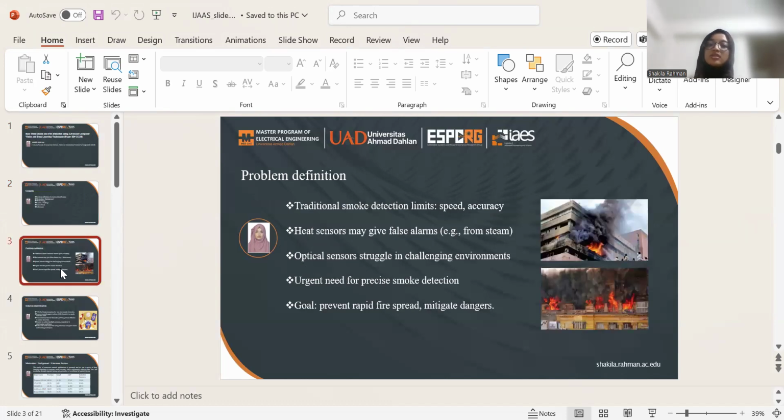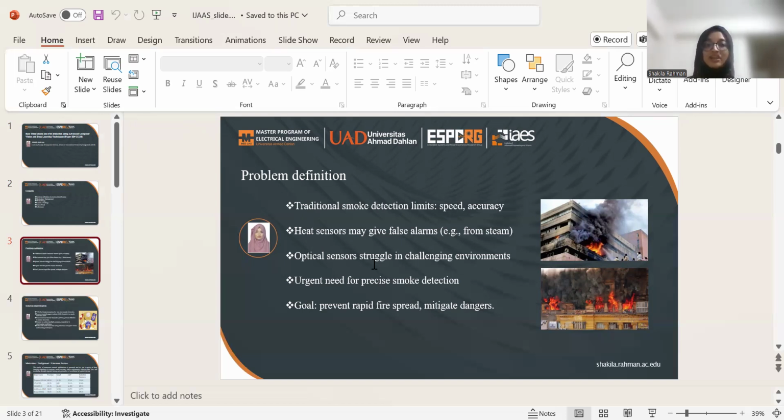So first, coming to the problem definition. There are some cases because of which we have considered this issue for our work. Traditional smoke detection has limits in speed and accuracy, and some heat sensors may give false alarms from steam, which can look like smoke.